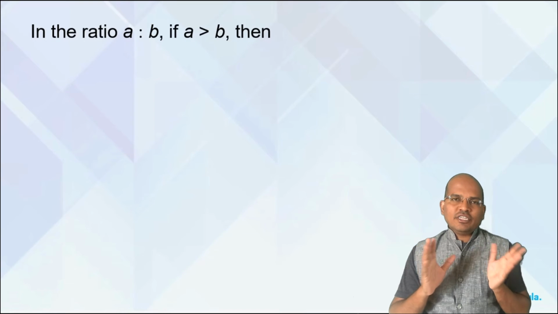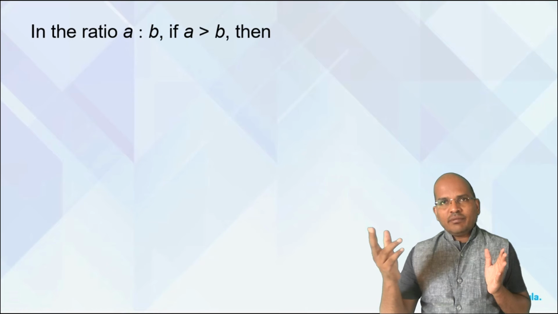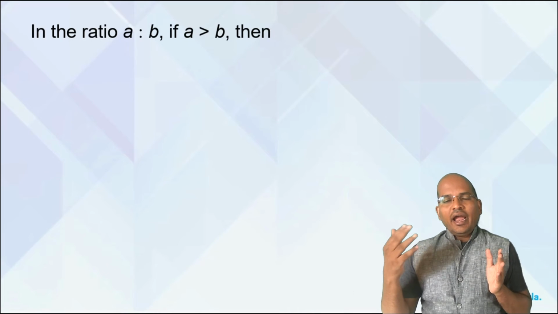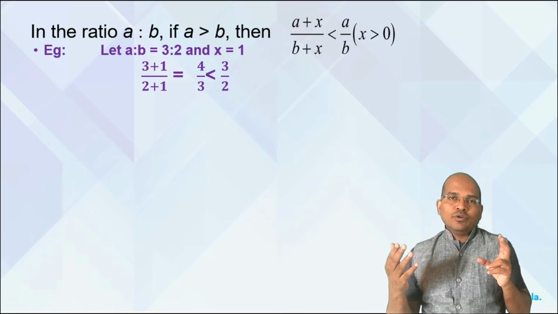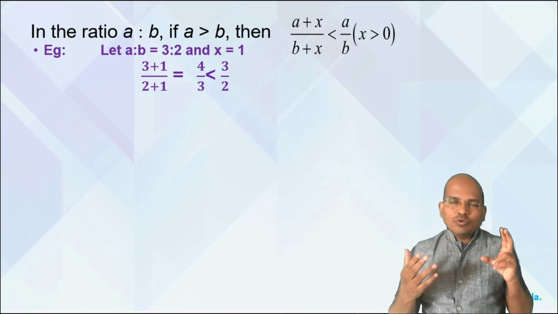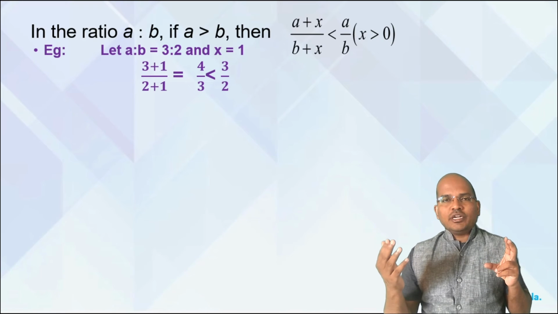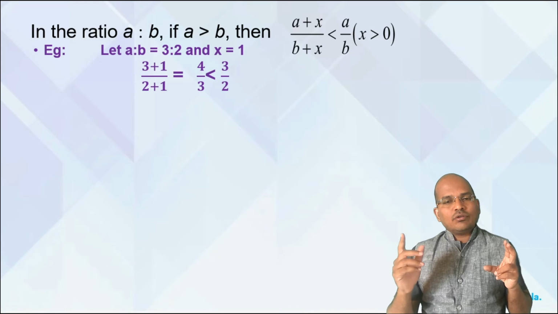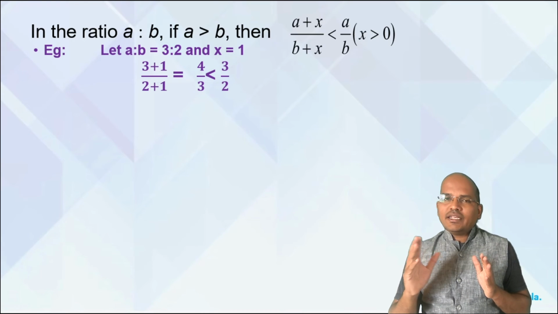Assume that in the given ratio A is to B, the first term is greater than the second term, if A is greater than B, then adding a term x to both the terms will result in a new ratio, and this new ratio value will be lesser than the actual ratio. Keep in mind that x is greater than 0. Now for example, let A is to B is 3 is to 2 and x is 1.